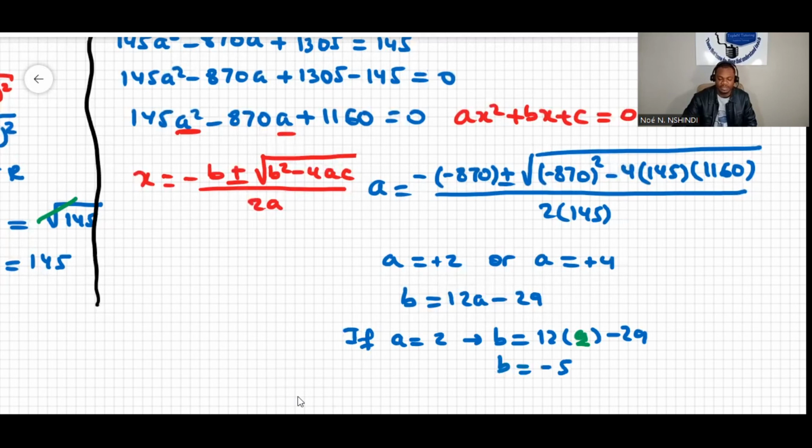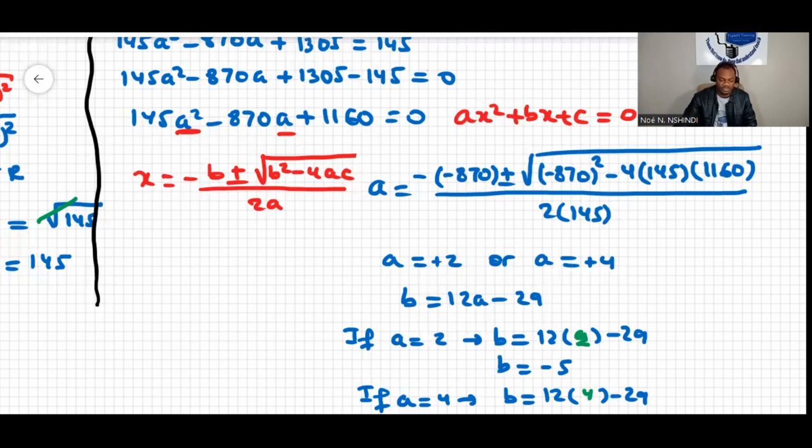And then if a equals positive 4, b will be equal to 12 times 4 minus 29. 12 times 4 is 48. 48 minus 29 is equal to 19.